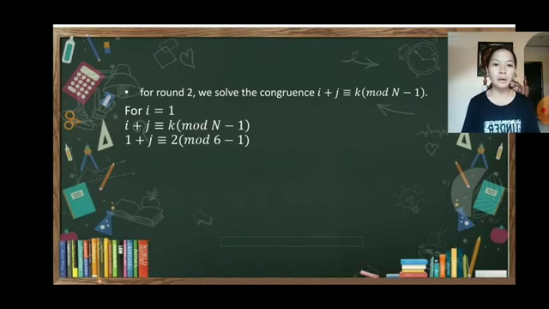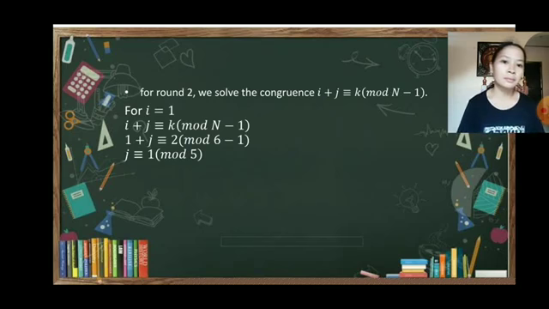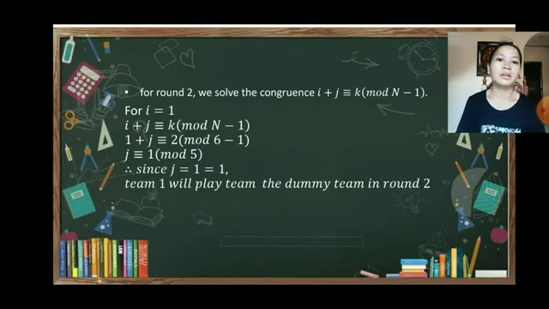So, we substitute i = 1, 1 + j ≡ 2 mod 6 − 1. We transpose the 1, so j ≡ 1 mod 5. So, since j = 1 and i = 1, Team 1 will play the dummy team in round 2. Because when the value of j and i are the same, that team will be paired with the dummy team.